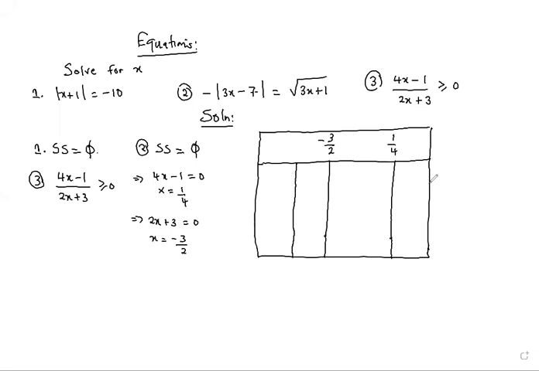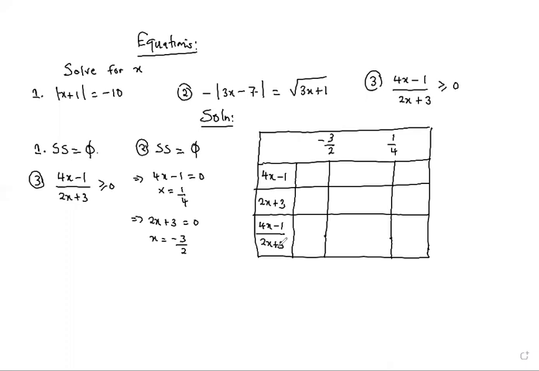Then we put 4x minus 1. We block. Then we put 2x plus 3. We block. And then we put 4x minus 1 over 2x plus 3.